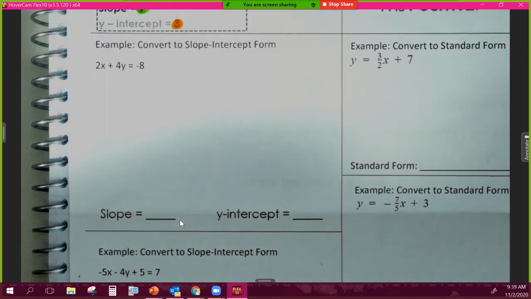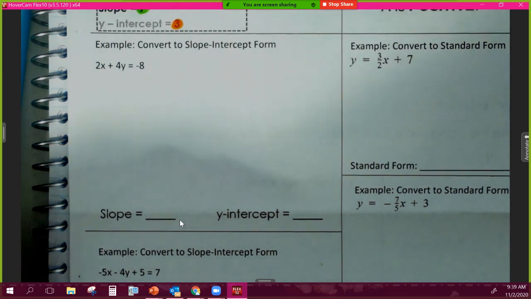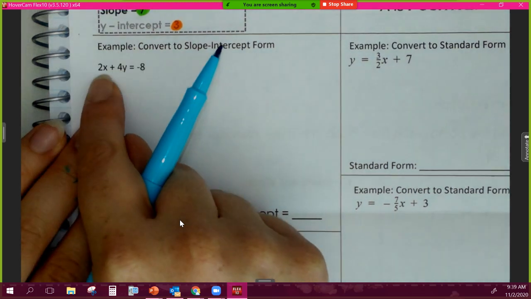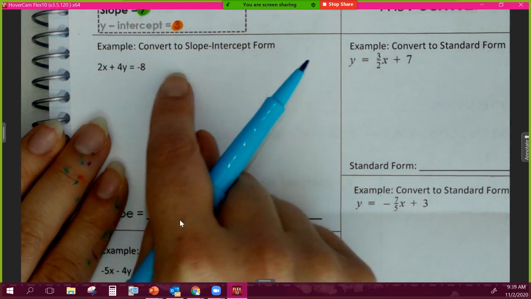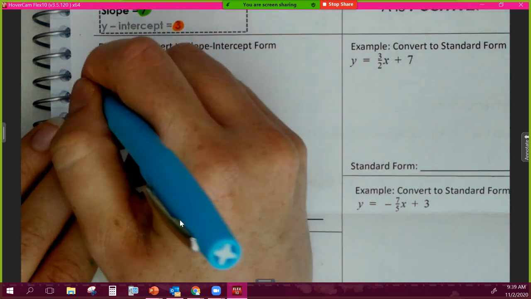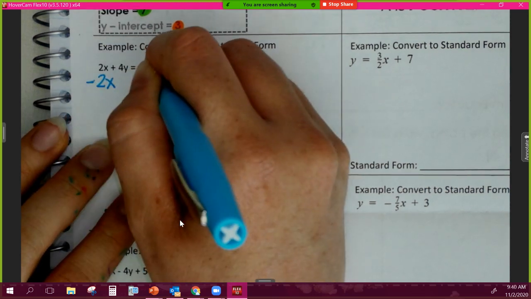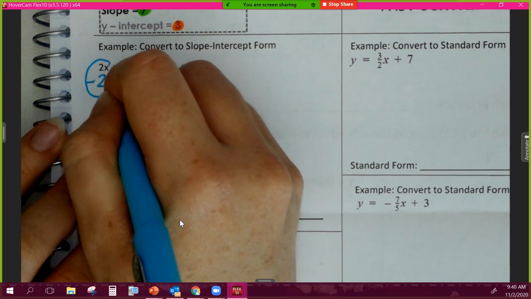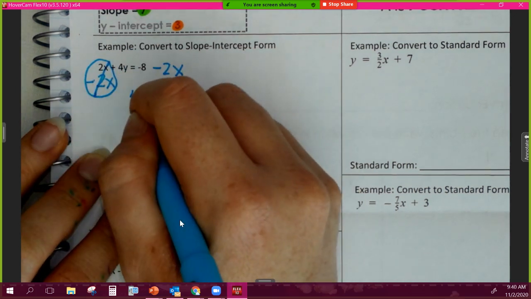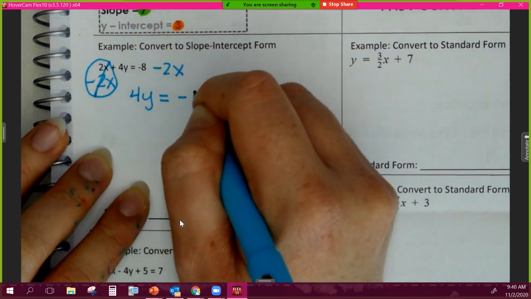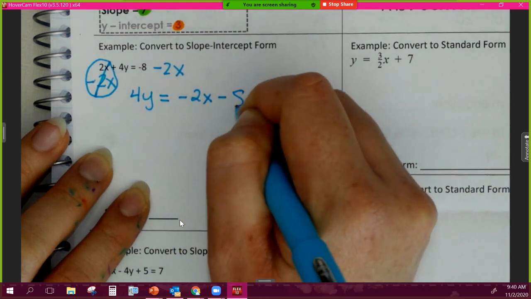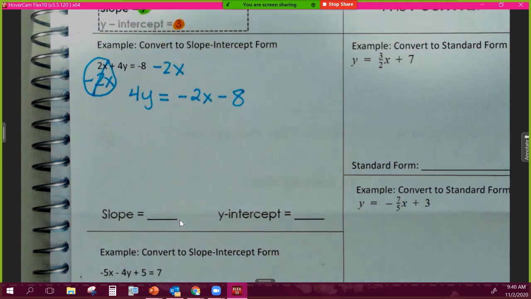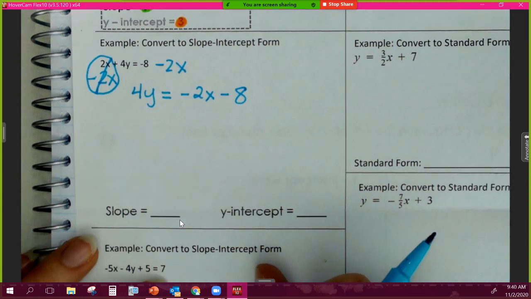So the first thing that I want to do to get y by itself is I need to move this 2x to the other side. This is a positive 2x, so I'll subtract 2x to get rid of it. Okay. This will become 0, and then you're left with 4y is equal to -2x minus 8. All right.